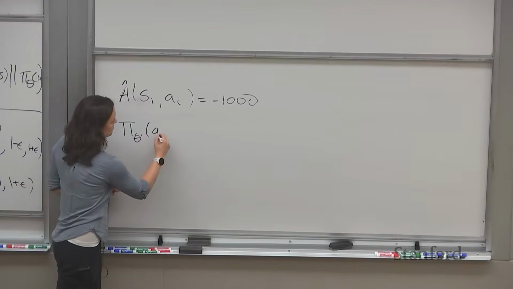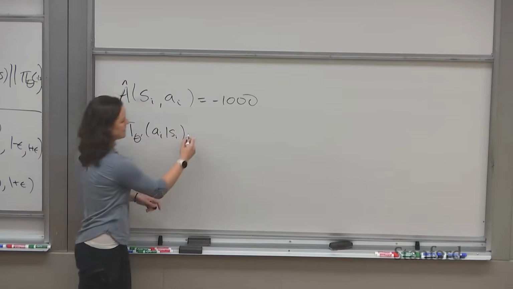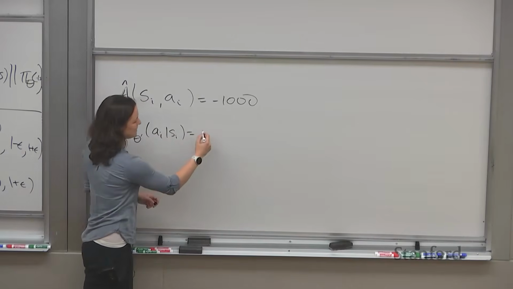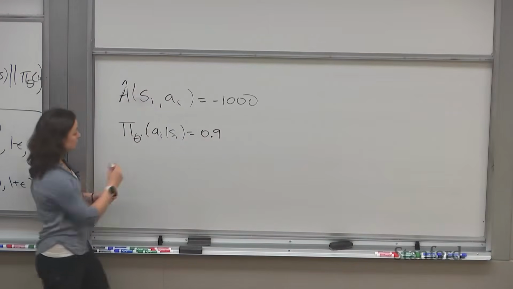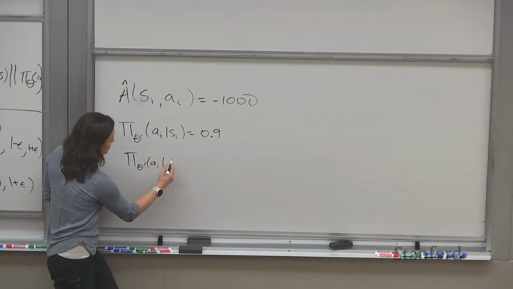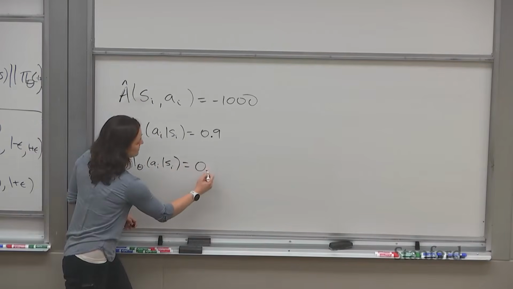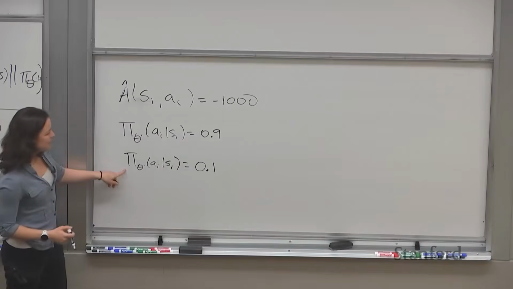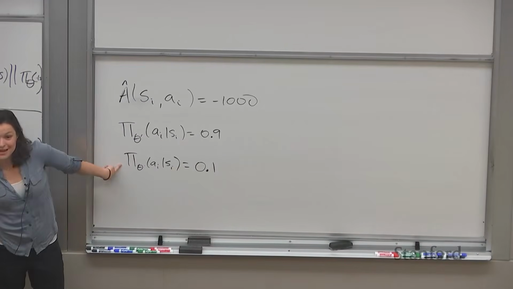Then say that your new policy for this state and action decided to give it a probability of like 0.9 or something very high. And if the original policy gave it a probability of like 0.1, then in this case, the ratio between these two is 9.